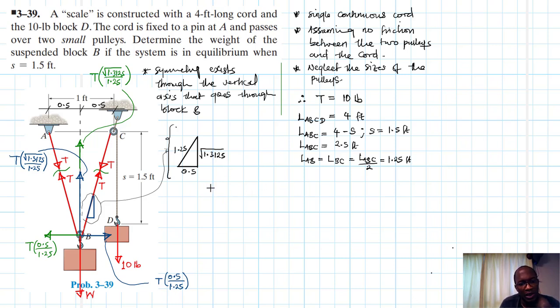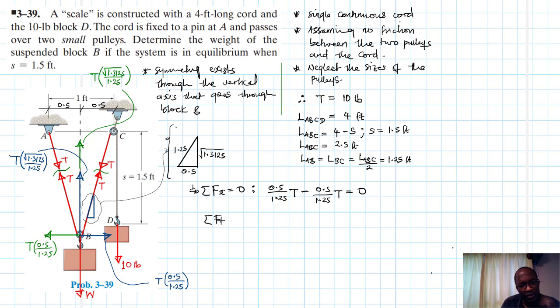So what we'll do now is apply the equations of equilibrium. Of course, in the x direction there's really nothing there. It is just 0.5 divided by 1.25 T minus 0.5 divided by 1.25 T equal to 0. We're just doing it for formality. There is nothing in there.